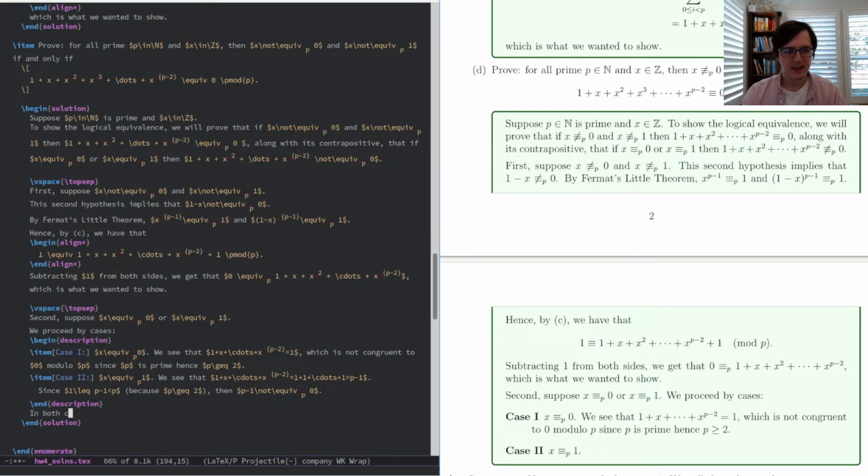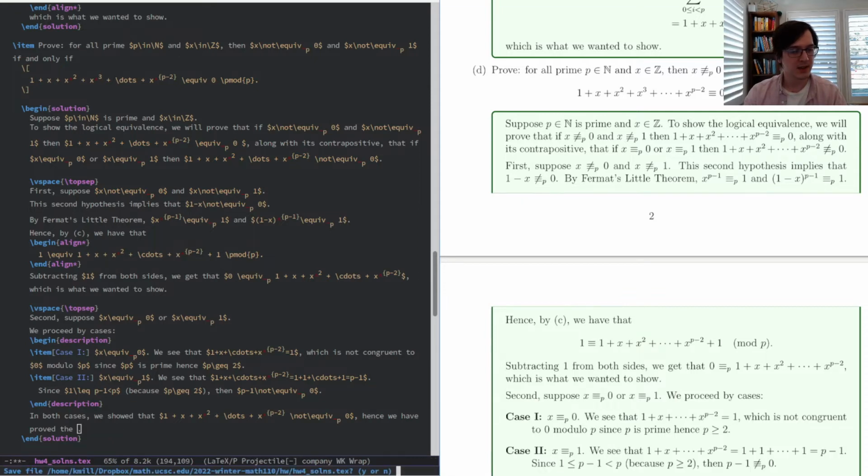Okay, in both cases we showed that the conclusion holds, which is right up here. Hence we have proved the converse.